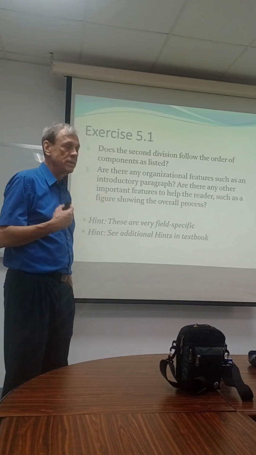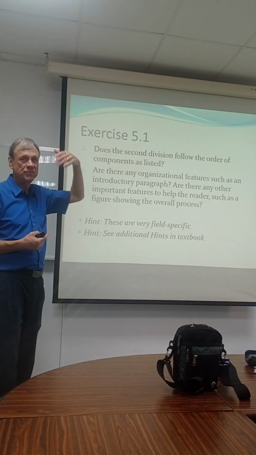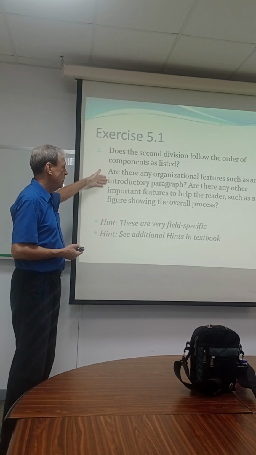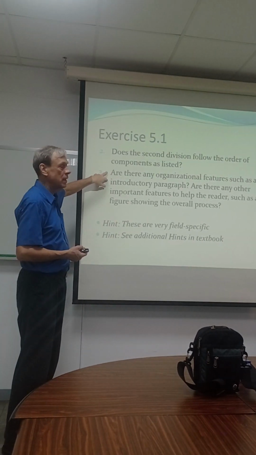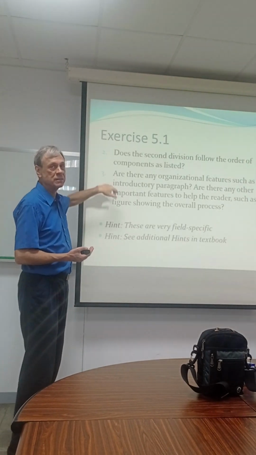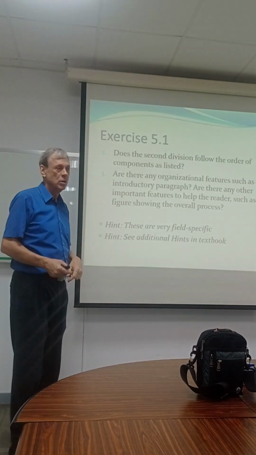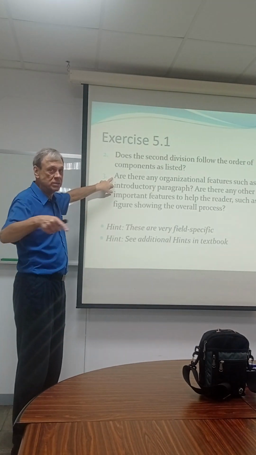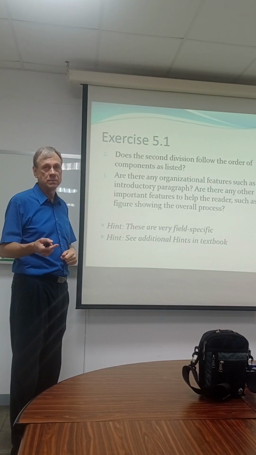So then the question is, does the second division follow these in the expected order? And are there organizational features like an introductory paragraph? I want you to note this because if it is, then you also need to write an introductory paragraph. Most of you will need to.